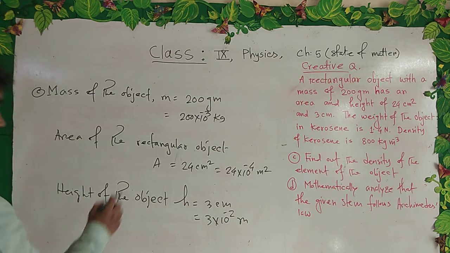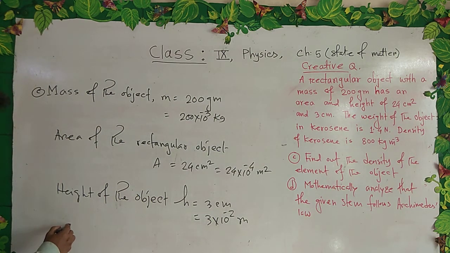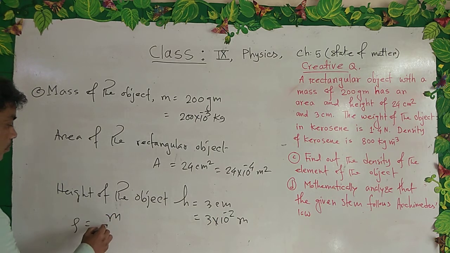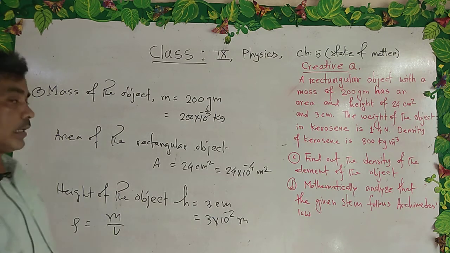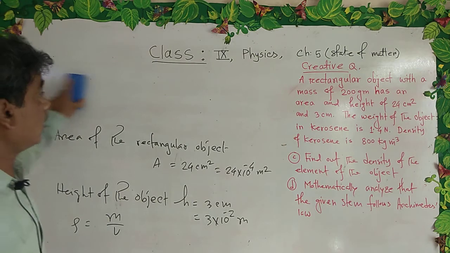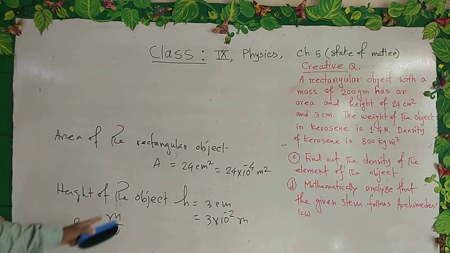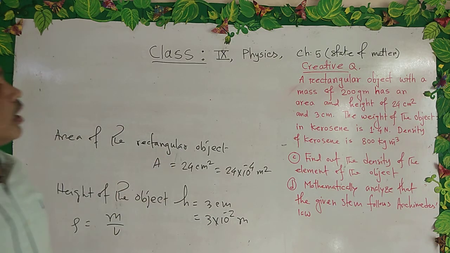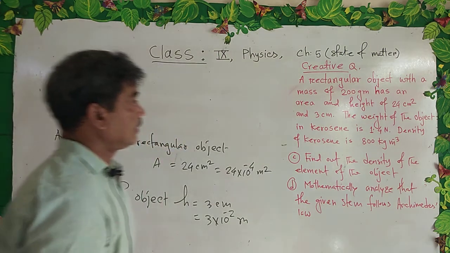We know the density of an object from the definition: rho equal to m by v. From this equation we have to find the density of the object. Here m is 200 gram, that is 200 into 10 to the power minus 3 kg.